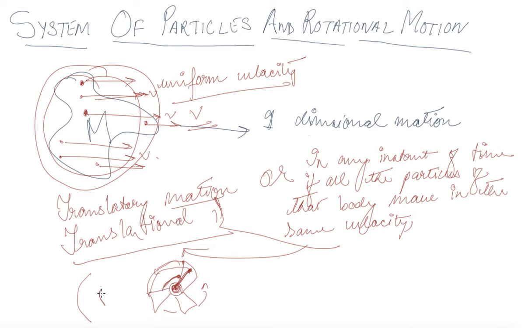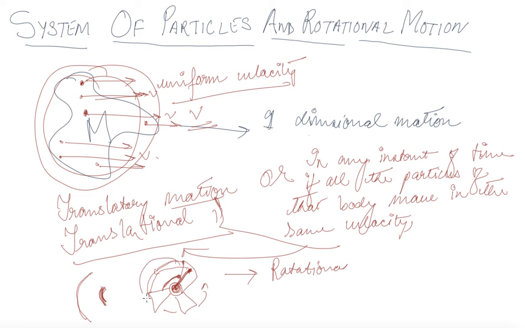So what does that mean? For equal intervals of time, they cover unequal distances. That means they have unequal velocities. That is, the speed of different particles is different. Therefore, this type of motion is known as rotational motion.